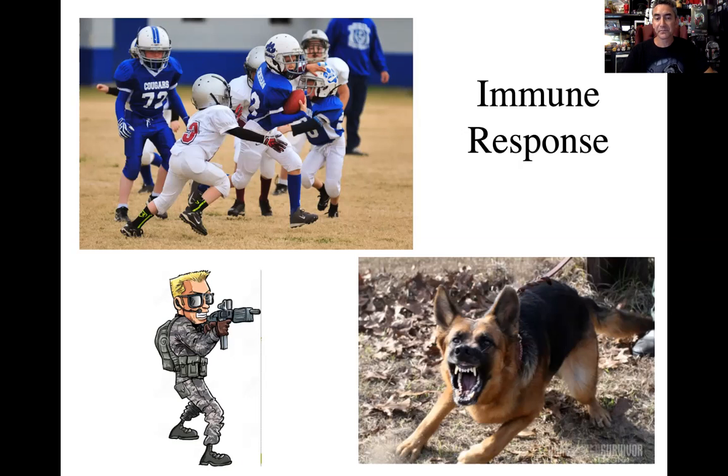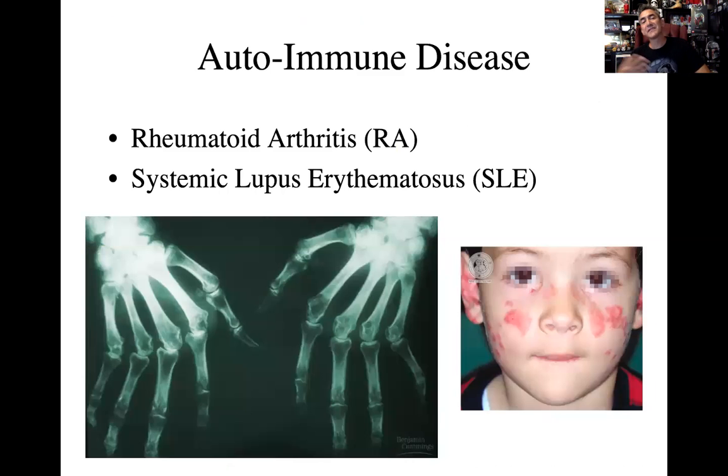There are some conditions that don't work as they're supposed to. We do have some flaws. There's some situations that we term as autoimmune diseases. These are not supposed to happen, but they do happen sometimes. Let's say the condition rheumatoid arthritis.